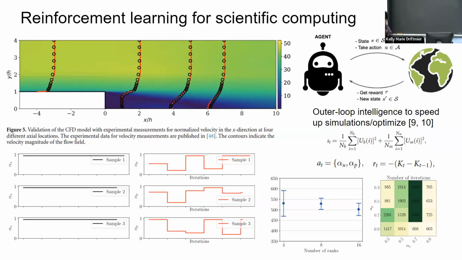So reinforcement learning is, in my opinion, a cousin of control, with some relaxations in how you frame the problem. But the idea is that you have an intelligence that sits atop your computational workflow and then maximizes for a particular objective by approximating gradients rather than exactly calculating gradients. So adjoints require exact gradients.